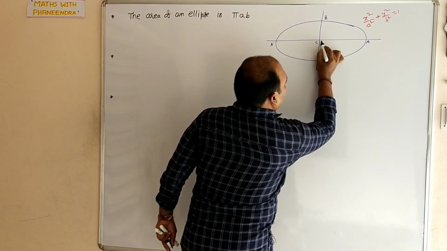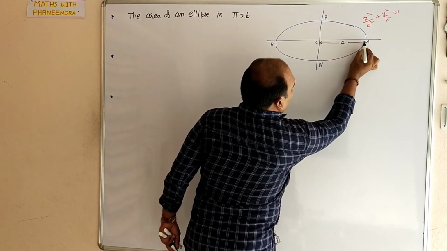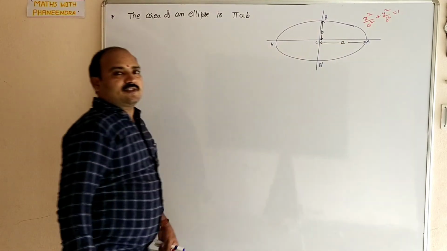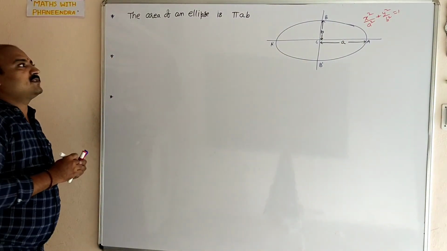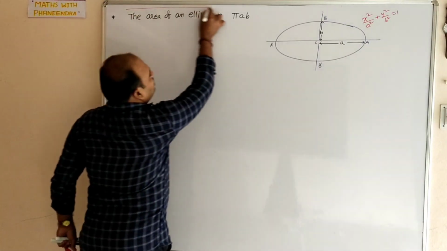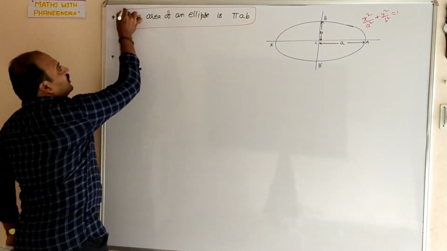From here to here we know that is a units, and from here to here it is also b units. One is the semi-major axis, another one is the semi-minor axis. So from now onwards, remember the formula: the area of an ellipse is pi ab.